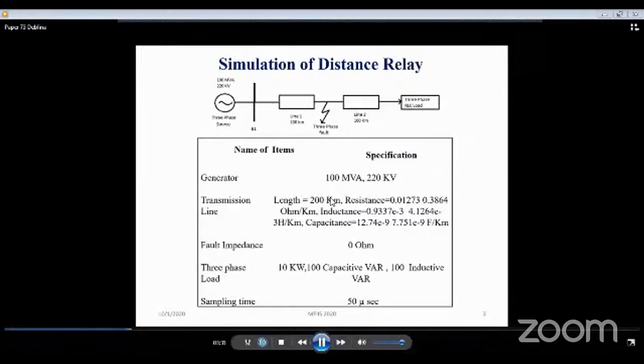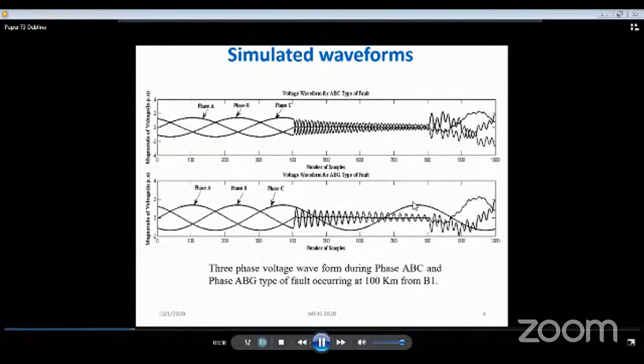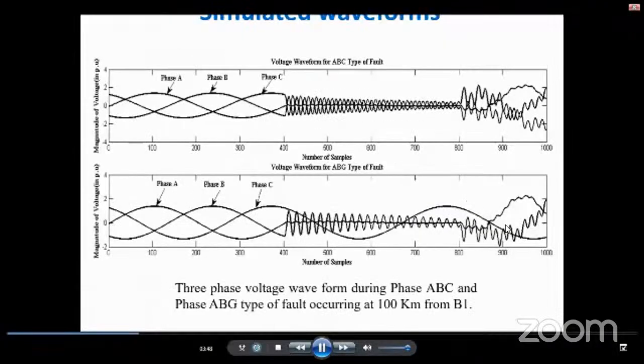Now, initially, this modeling of the relay was done in such a way that during no fault condition, the line impedance of each phase was calculated.